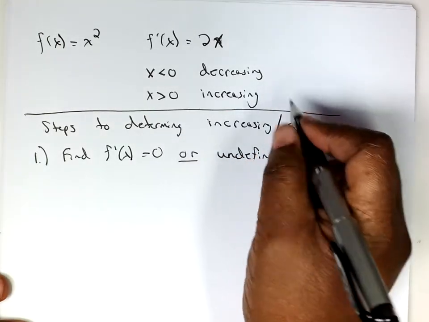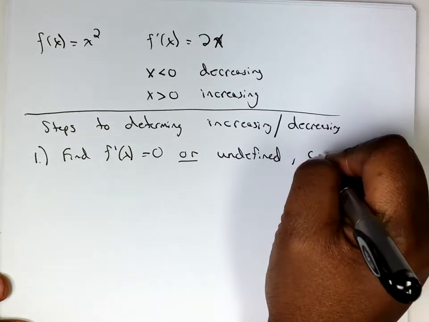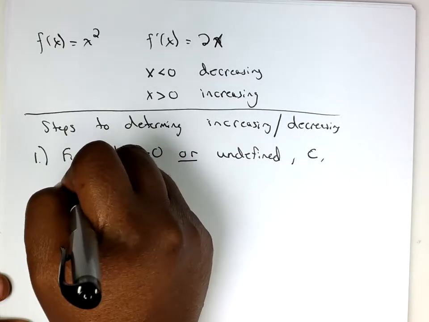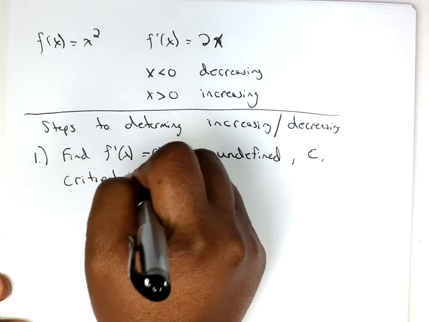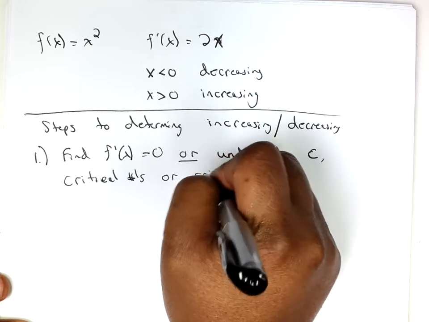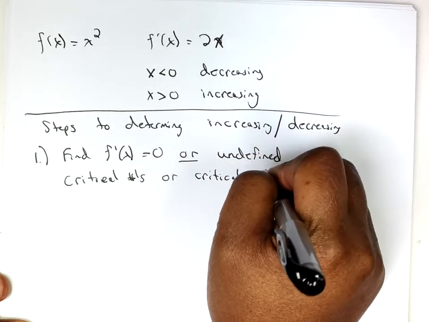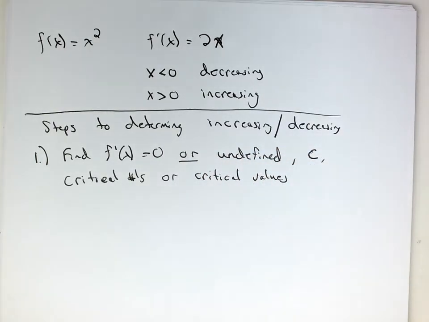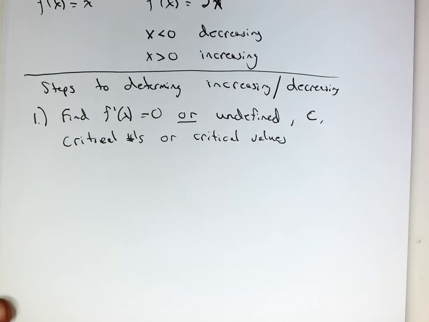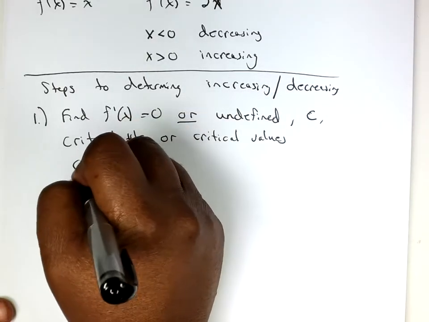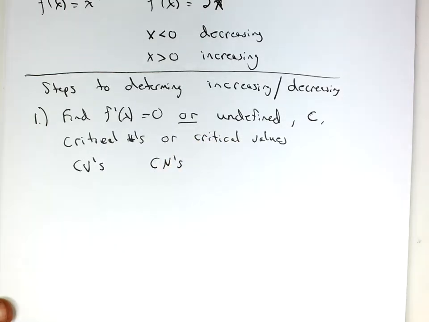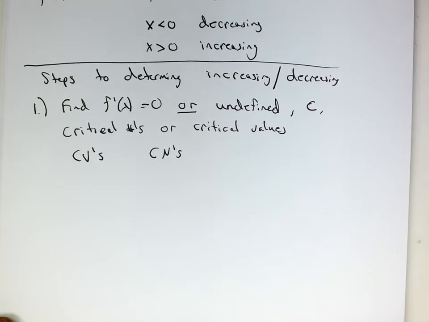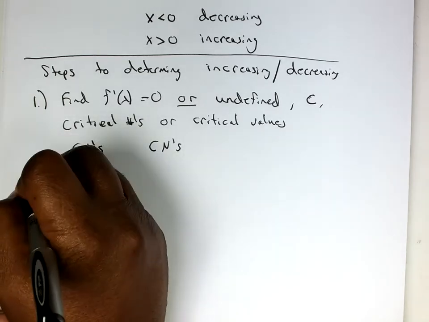And those values, we call them C. Those are the critical numbers, or critical values. It means the same thing, it just depends. So I'm going to use them interchangeably because you'll see both of those as you move forward. When they use the term critical values, they use a CV, and critical numbers, CN. Alright, so that's the very first step.